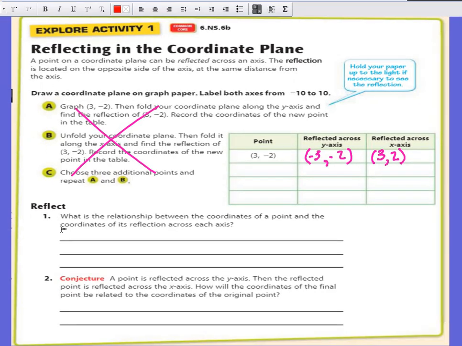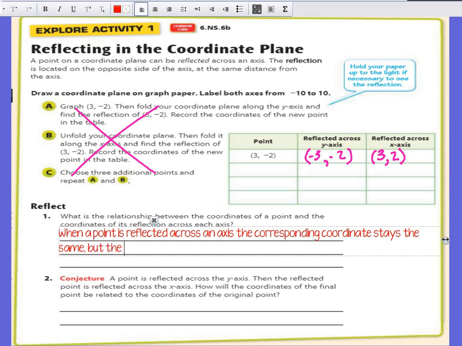Hopefully what you noticed is that when a point is reflected across an axis, the corresponding coordinate stays the same, but the other coordinate changes to the opposite.